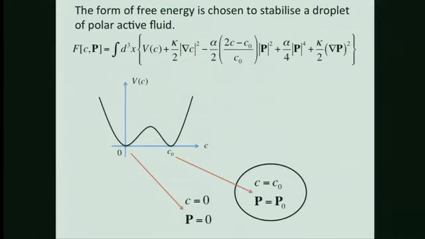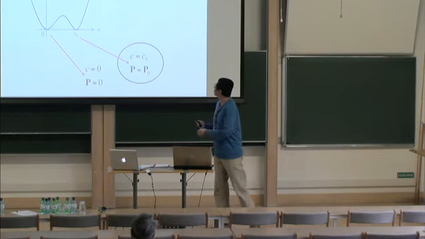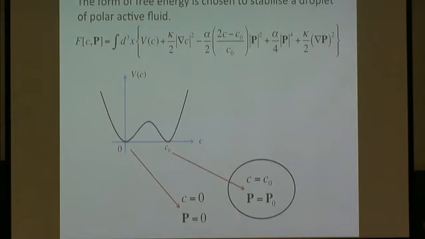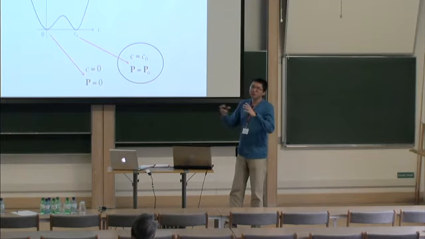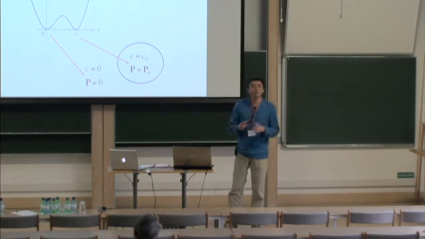Why do we perform a double well for concentration? Because I want to stabilize a droplet. I want to confine the liquid crystal inside the droplet. So basically these two terms are the binary liquid terms which stabilize a droplet phase.